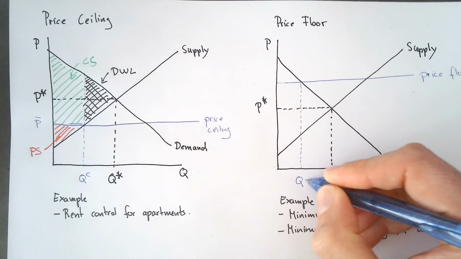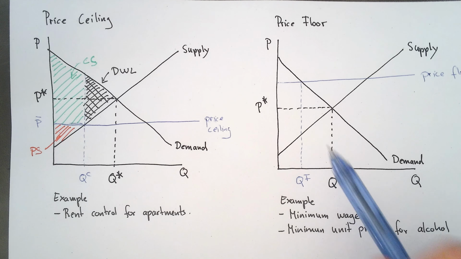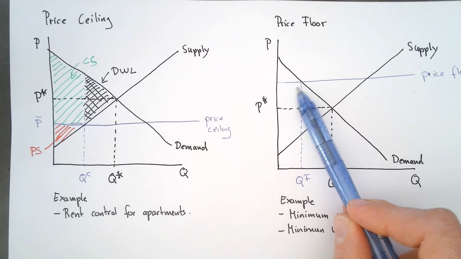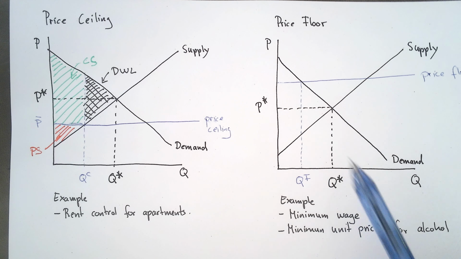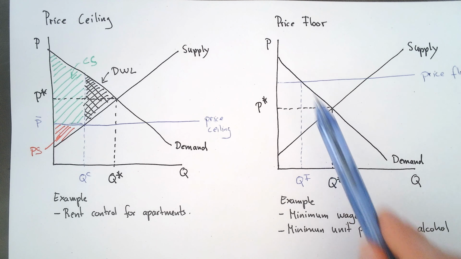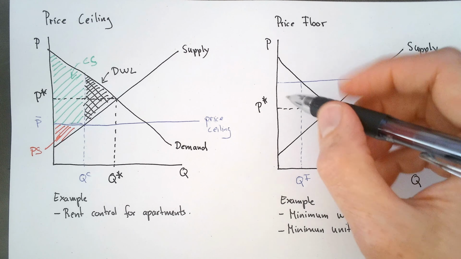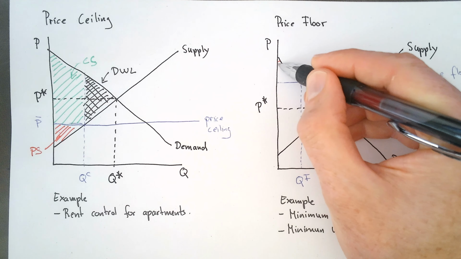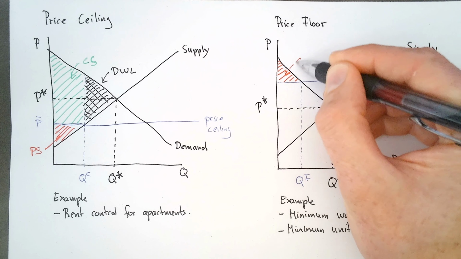Let's call this QS, okay, for the quantity under the price floor, because now consumers are not demanding Q star anymore, because the price is more expensive. Now, what this leads to is that we now have the consumer surplus, which previously was this triangle here, and it is now only this little triangle here. Okay, so this is the consumer surplus.